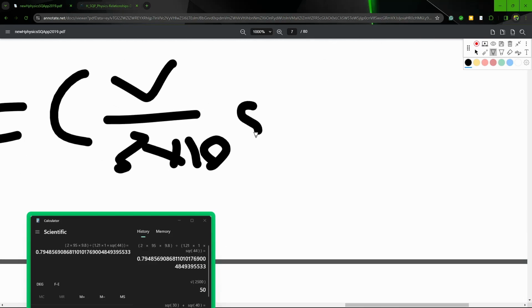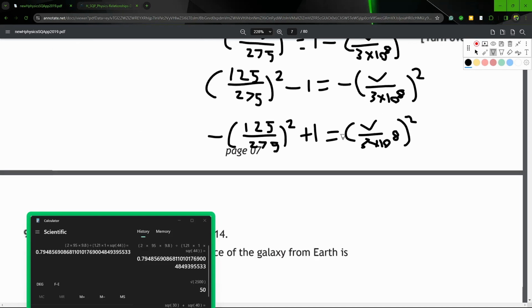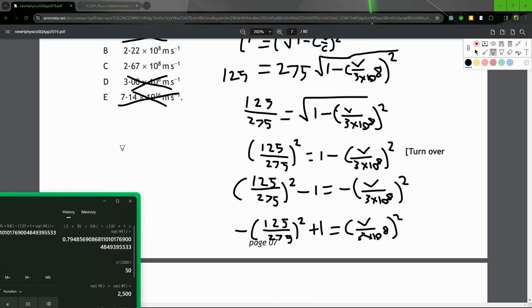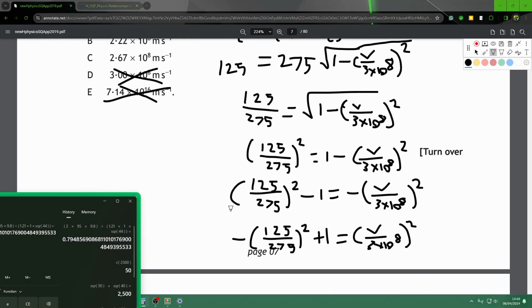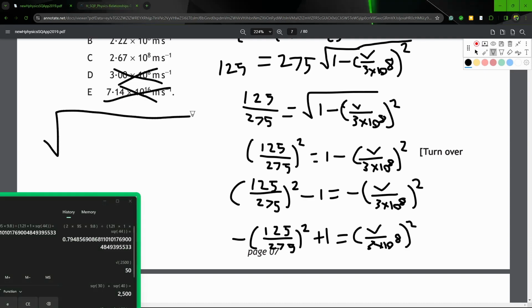I'm going to move over here. Yeah, this is going to be a bit messy, isn't it? But what's a bit of maths without some mess every now and again? So I'm going to square root both sides. So we'll have a massive square root.